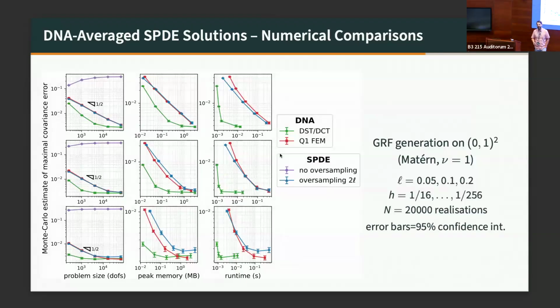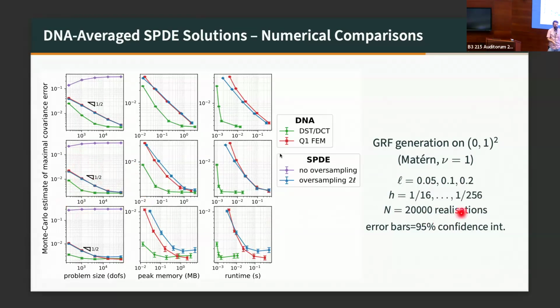So here is the comparison for SPDEs. This is quite a heavy graph, but essentially each line corresponds to a different correlation length. We start with the shorter correlation length, 0.05. This is correlation length 0.1, and this is correlation length 0.2 on the bottom. On the x-axis we again have mesh size.